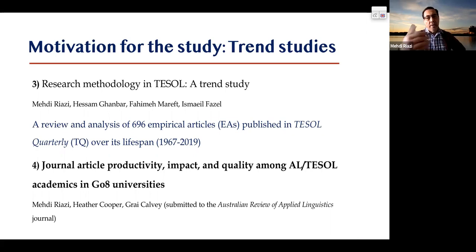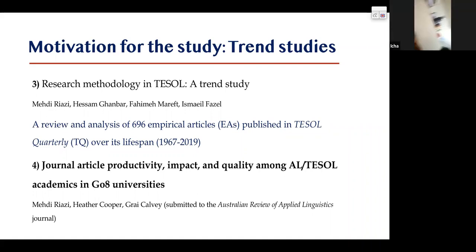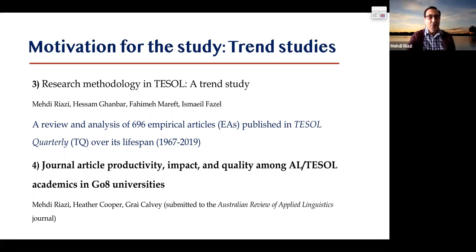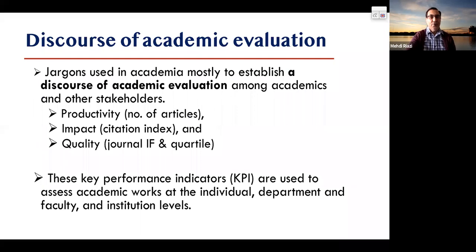The incentive for this one was that when I was applying for level E at Macquarie University and preparing my case, I was curious to find out how other colleagues at my level have been performing in terms of research. I searched and I couldn't find anything except for some Google Scholar indices. So I was inspired to find out what similar colleagues are doing in other organizations.